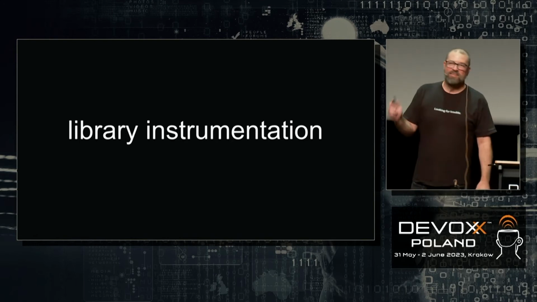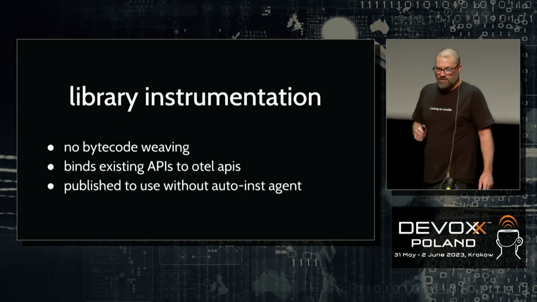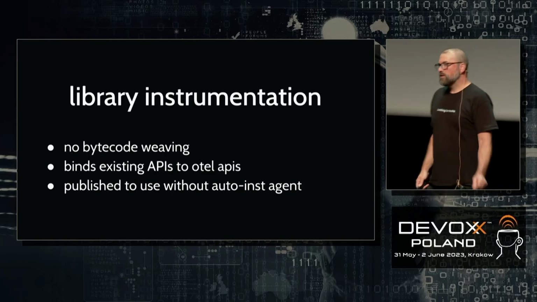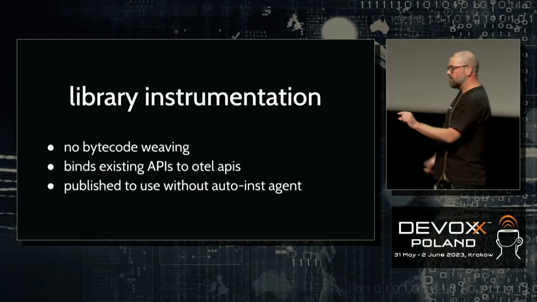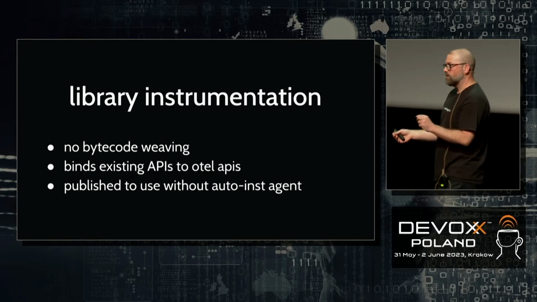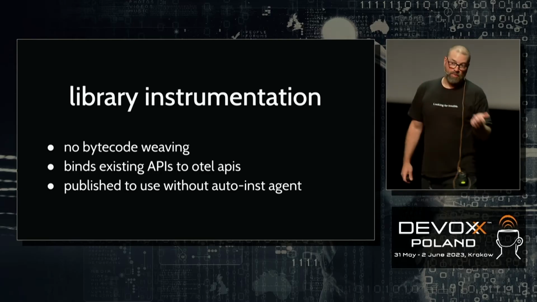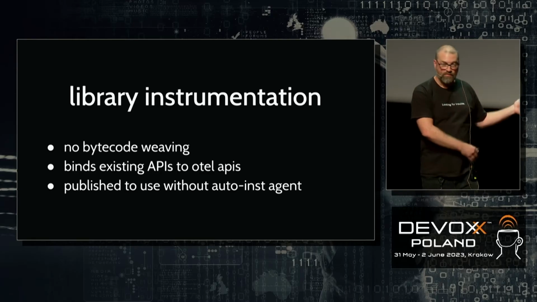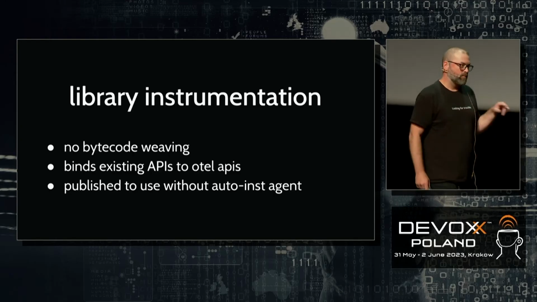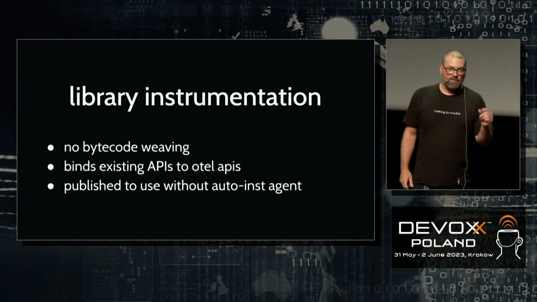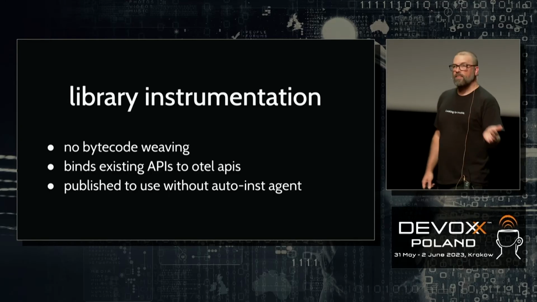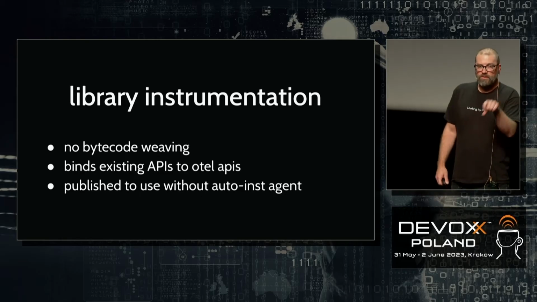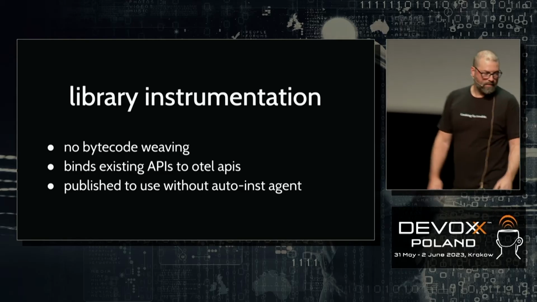All right, let's talk about what library instrumentation is. This is a way for us to create telemetry about internal workings of a library without needing to do bytecode weaving, so without doing class file transformation. If we are looking at a library that has been constructed in a way that exposes telemetry hook points, we will use those.